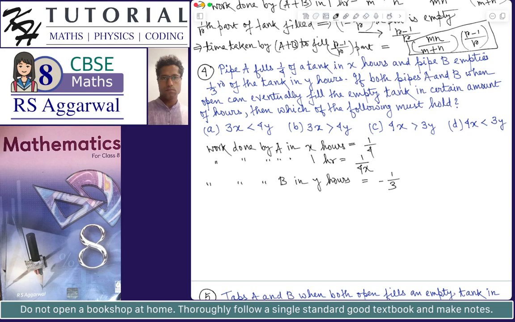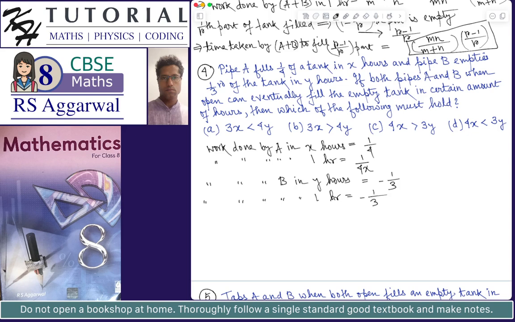Since pipe B is an outlet, the work done by an outlet is always negative. So the work done by pipe B in y hours is minus 1 by 3. So work done by B in 1 hour, by using the simple unitary method, will be minus 1 by 3y.